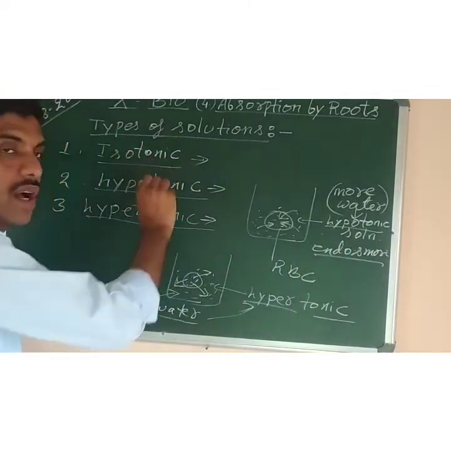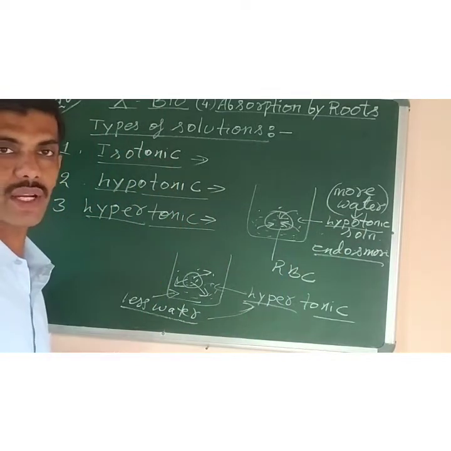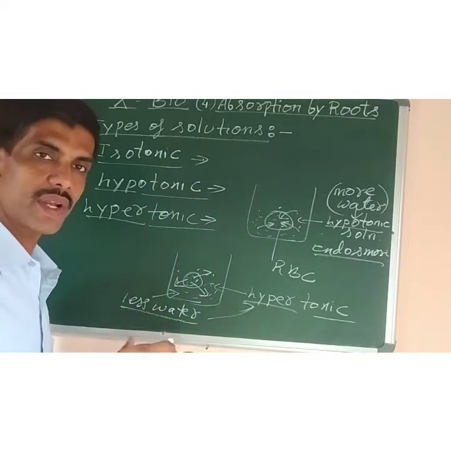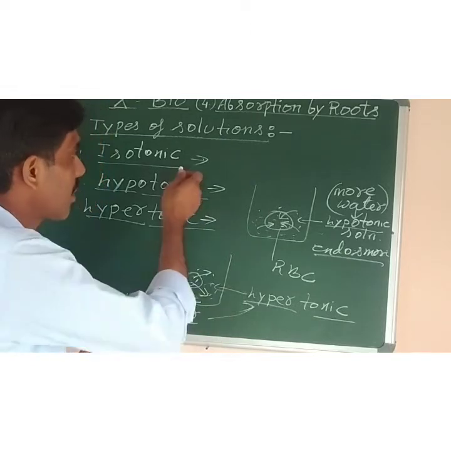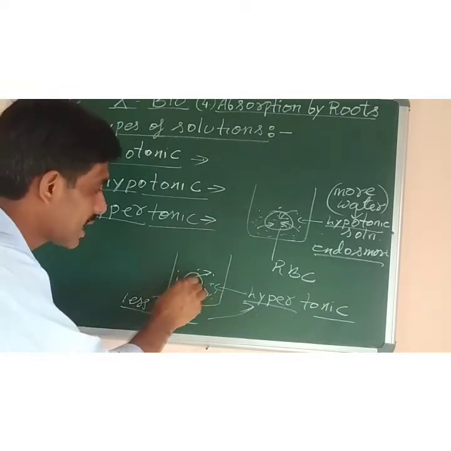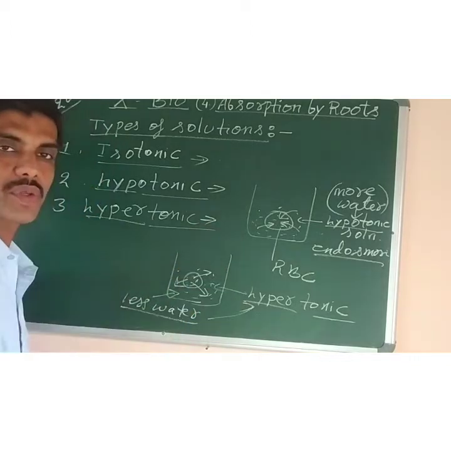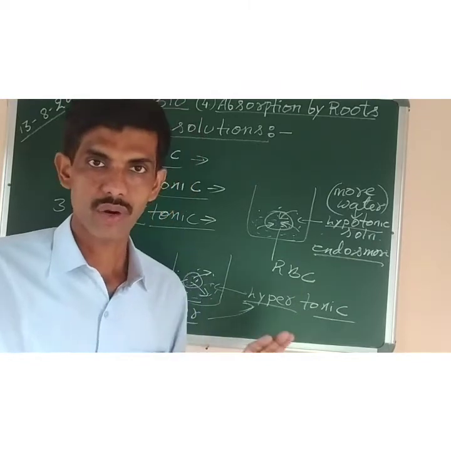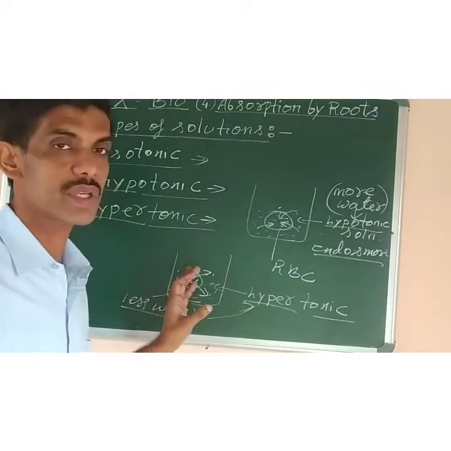And in case of isotonic, as we had already discussed, the amount of solute is equal, means solvent and solute both are equal. Whatever is the amount of solvent, that is water molecules present inside the cell, it is equal to the amount of solvent or water molecules present outside the cell. So hope you have understood all three types of solutions.